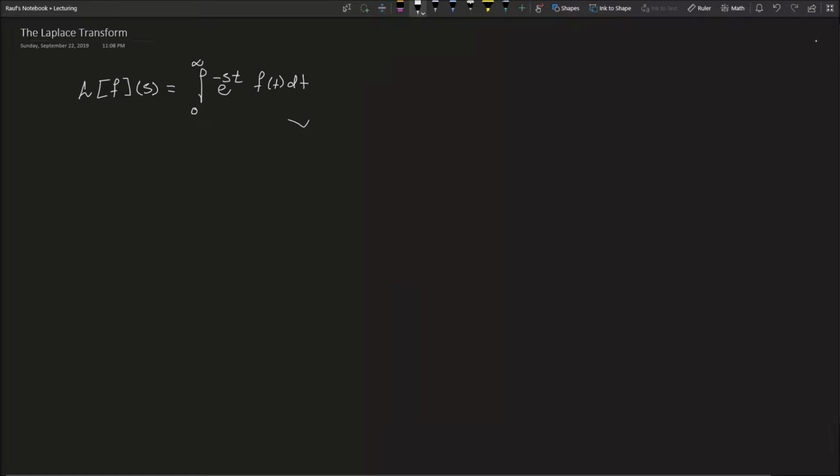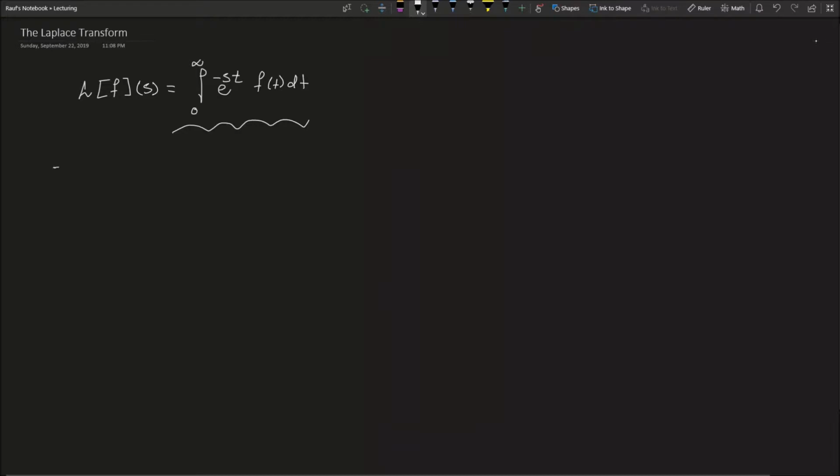So finding this integration is the basic form of finding the Laplace transform. Doing that, you will be able to find the Laplace transform of any function that's written in terms of t.